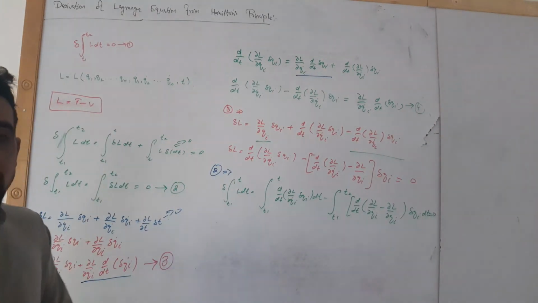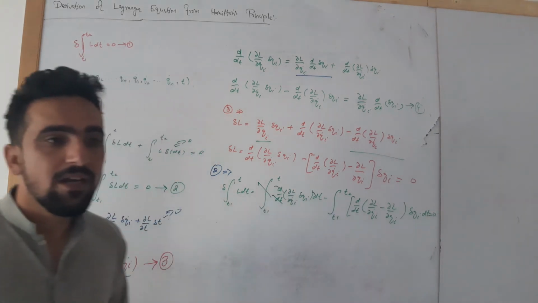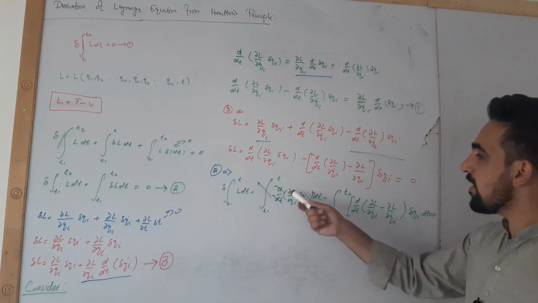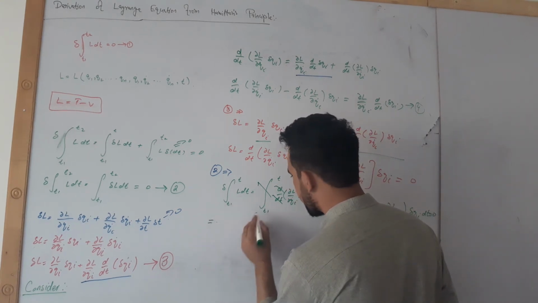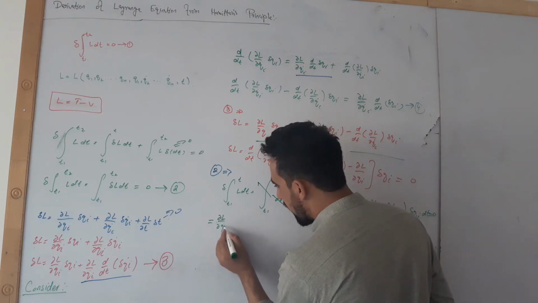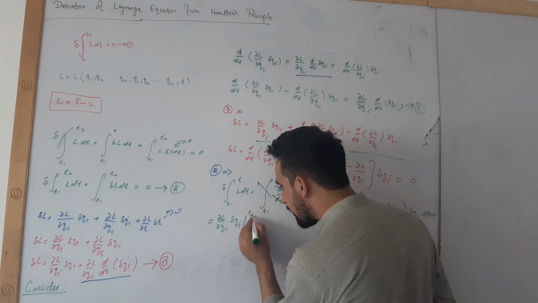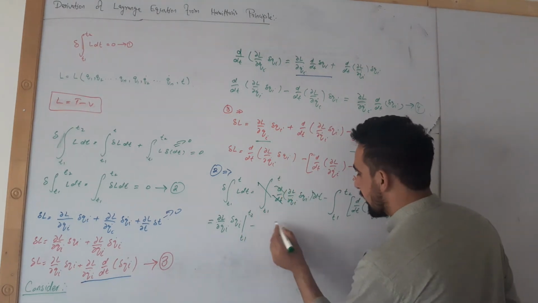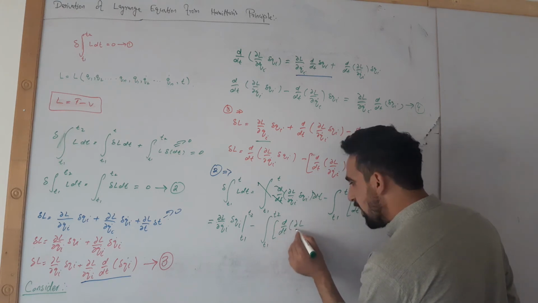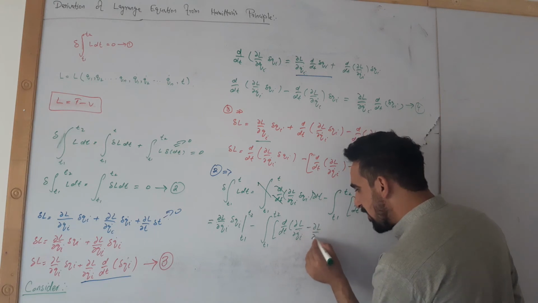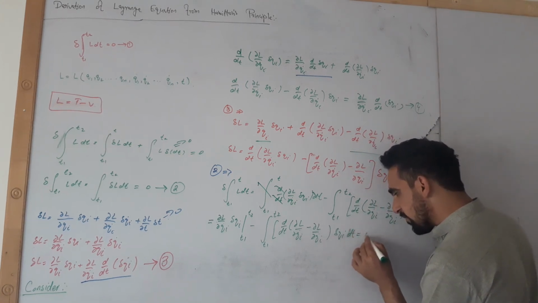We know that the inverse of a derivative is an integral, so these terms will cancel out each other and we are left with partial L by partial qi dot del qi from T1 to T2, minus integral from T1 to T2 of d by dt of partial L by partial qi dot minus partial L by partial qi, del qi dt is equal to 0.